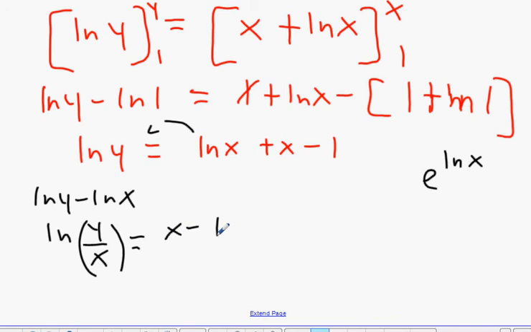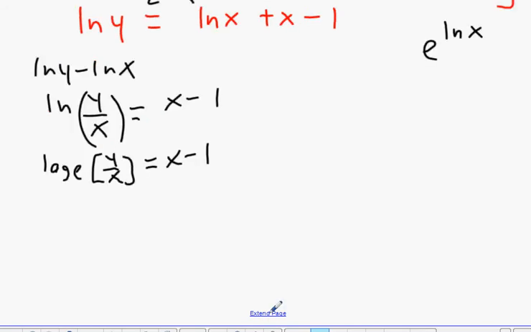I would have done the rule with the base e. So that's technically log to the base e of y over x equals x minus 1. And what I'd have done there was converted the log into y over x equals e to the power of x minus 1. Cross multiply up the x like that.